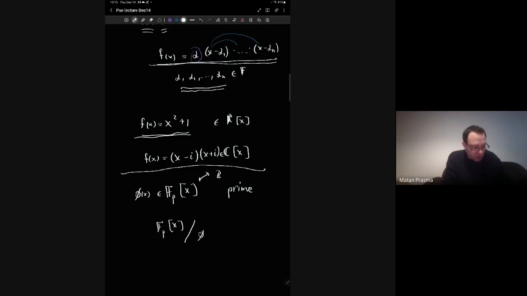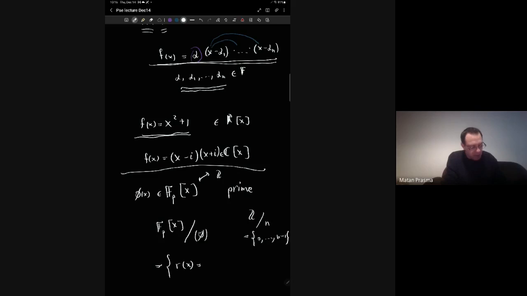When I divide by the prime polynomial, I get the set of all remainders, just like when you do Z modulo n, it's the set of all remainders modulo n.